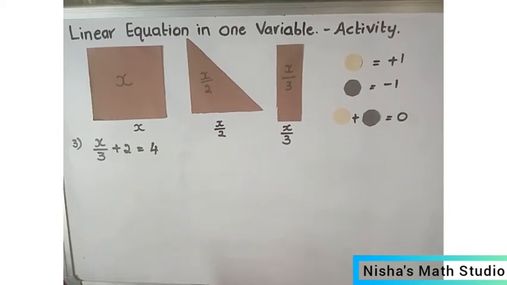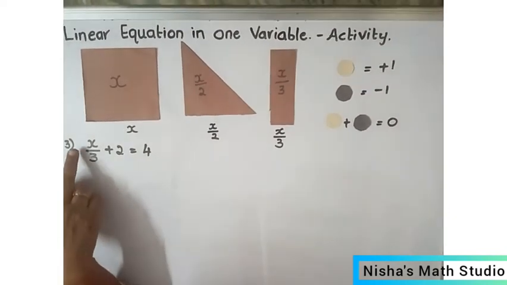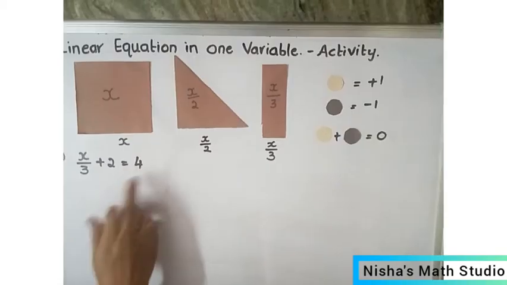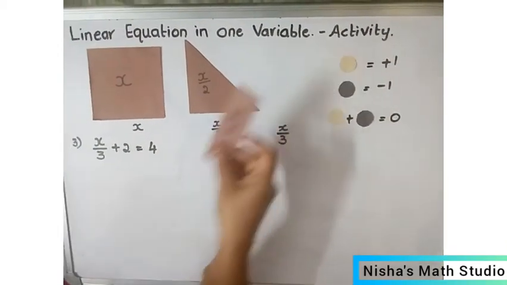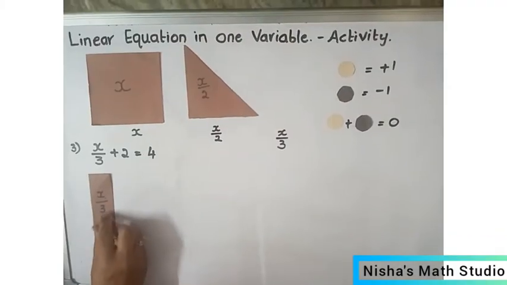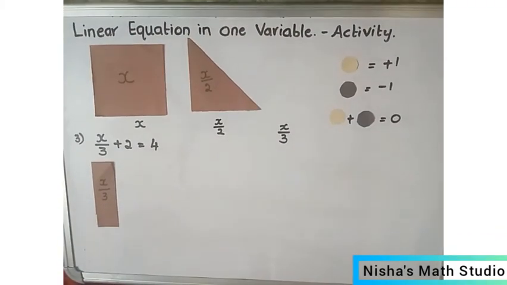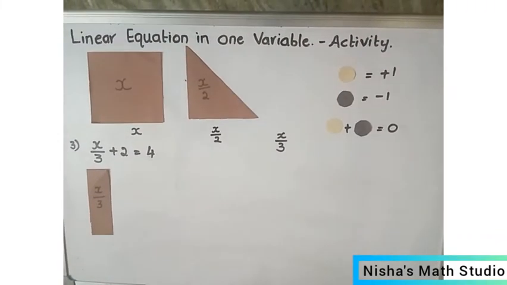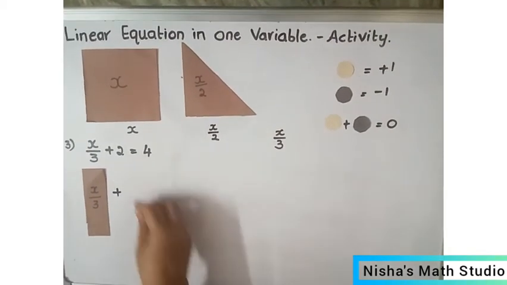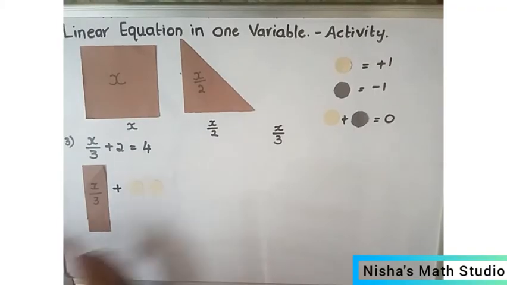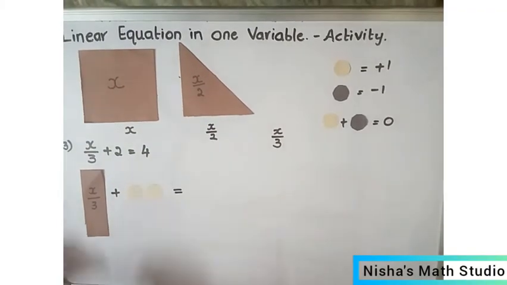The last equation for today's activity, let's say x by 3 plus 2 is equal to 4. x by 3 is the x which has been cut into 3 equal parts. So a rectangle strip like this, plus 2. So I will add 2 here, positive 2. So plus 2 is equal to 4.